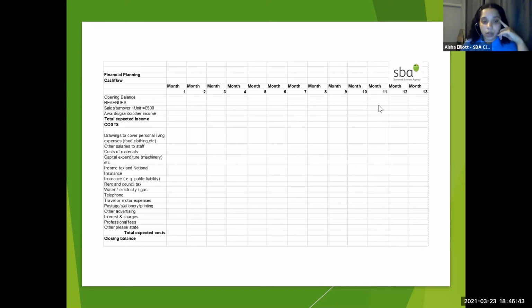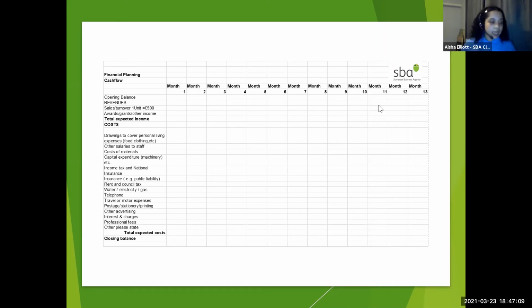So once you know the total amount of outgoings, so the costs, you can take that away from the amount of incoming money that you have, and that will create what is called a closing balance. The figure from your closing balance will then become the opening balance for the following month, and your cash flow will go on and on like this.